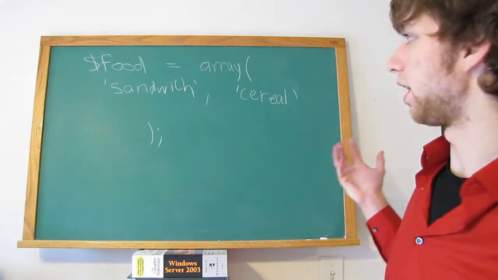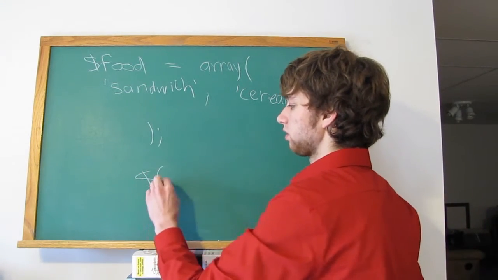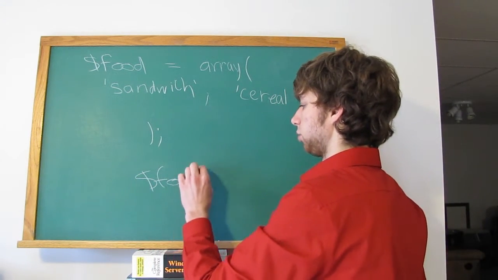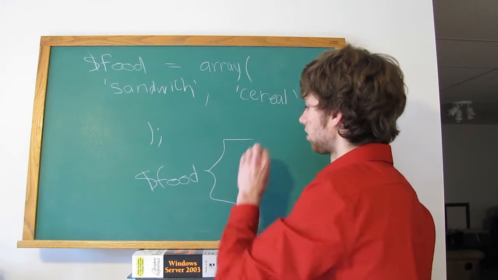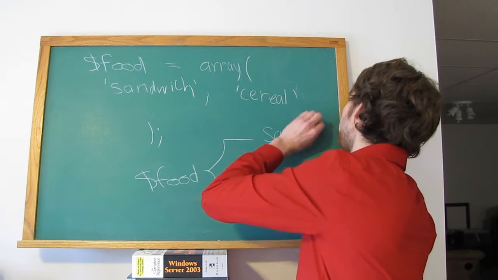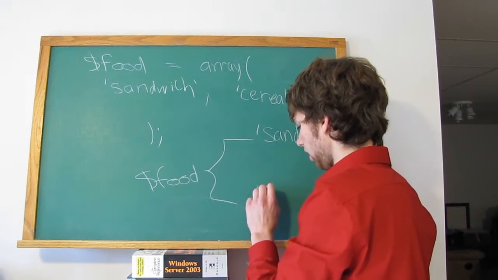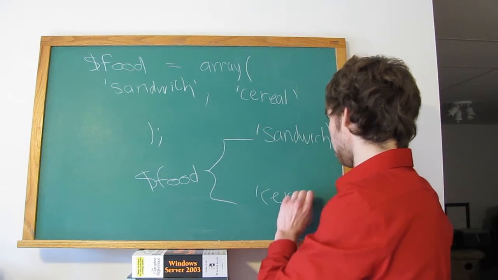So here is our array. It's really simple. It's an array named food, which points to two values, sandwich and cereal.